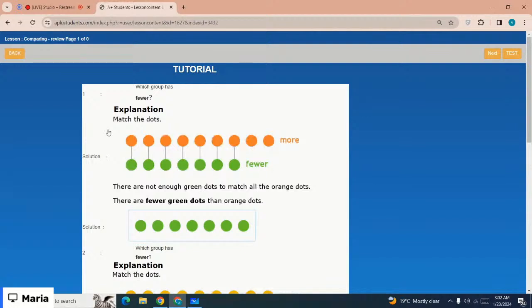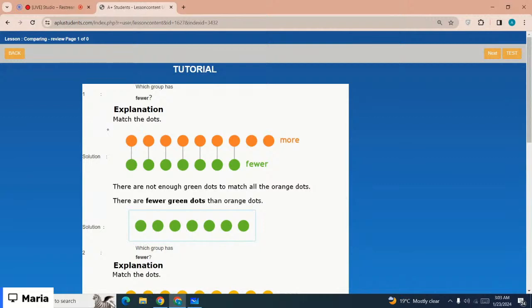Which group has fewer dots? You are given two groups, the orange dots and the green dots. How do we see which group has fewer? You have to match each dot from orange to green. The group that has some left over has more dots, and the one that doesn't have any left has fewer.